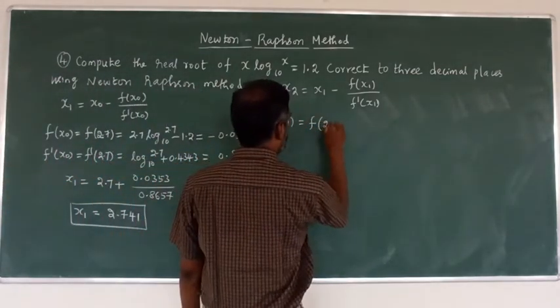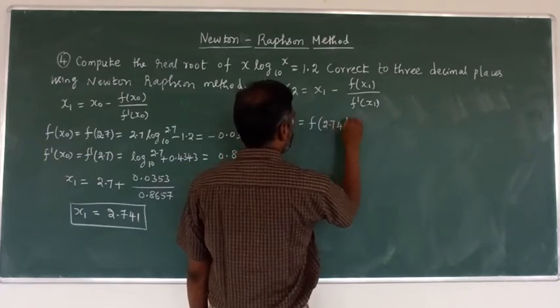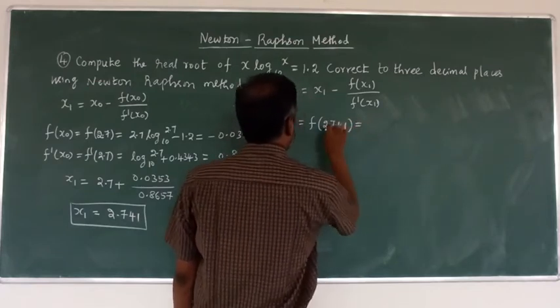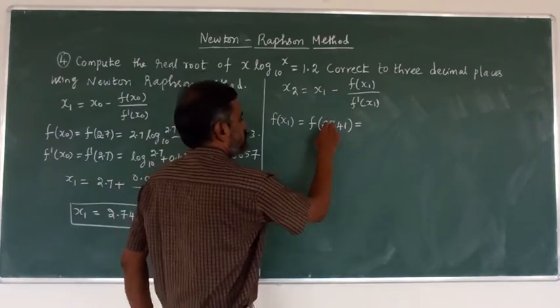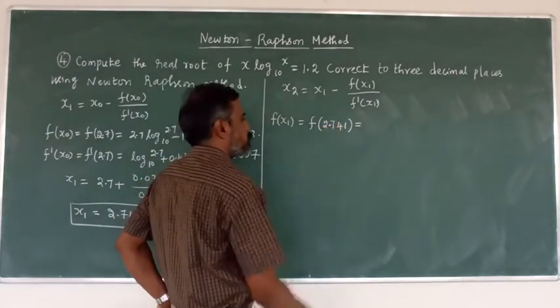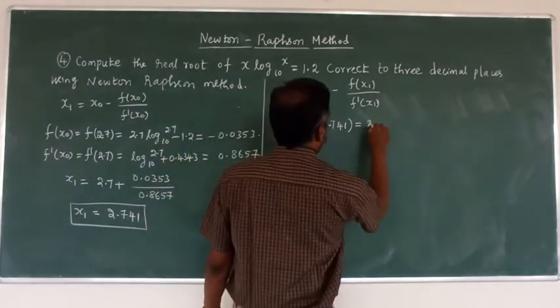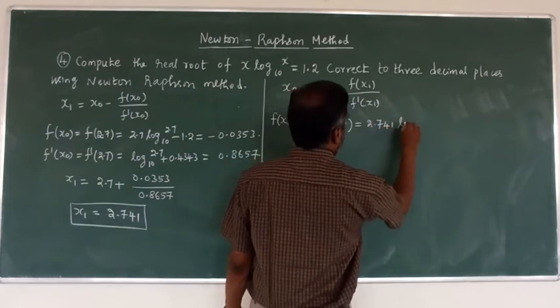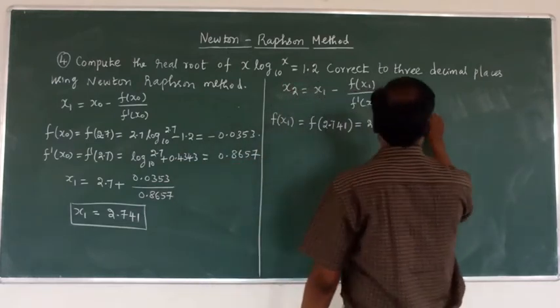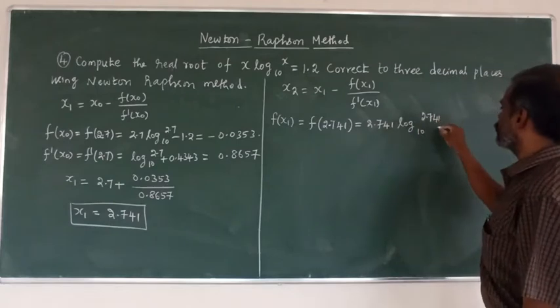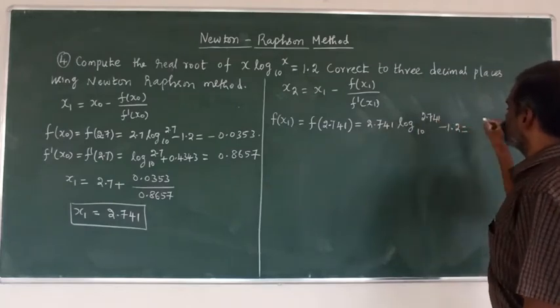Now substitute: 2.741 log₁₀ 2.741 minus 1.2.